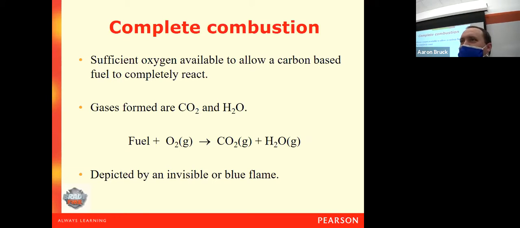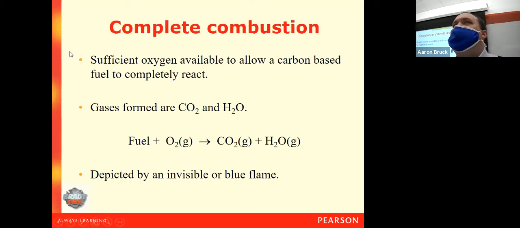These fires can be very hot because you're getting a complete conversion to the products. But complete combustion can be kind of hard to obtain. In a Bunsen burner, we achieve it by allowing a lot of airflow into the barrel of that Bunsen burner right before we ignite it.